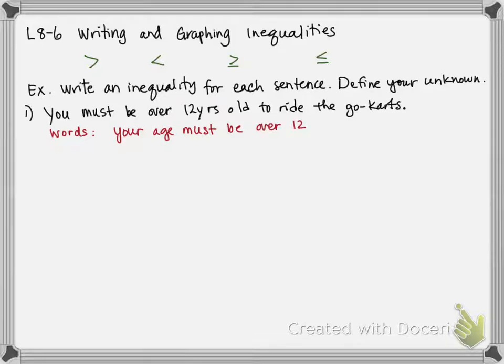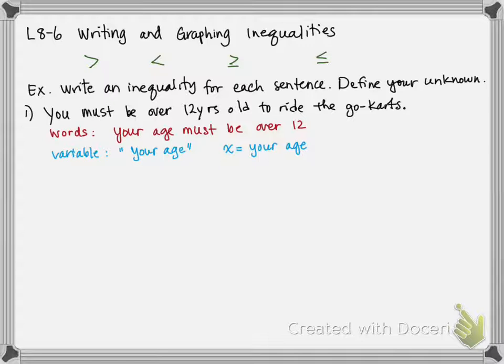So we got rid of all the extraneous stuff. So what is it that we don't know? What is going to be the variable in this problem? The problem is your age. Okay, so we're going to say that's our x. That's what I mean by define your variable.